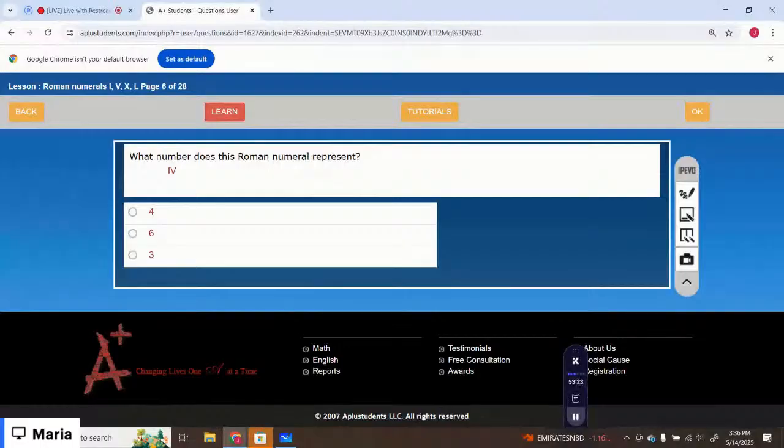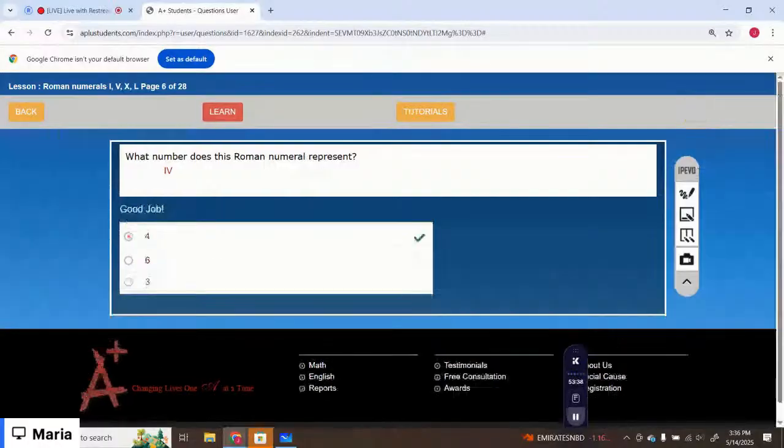What number does this Roman numeral represent? Option number 1 is the correct option. That represents 12.